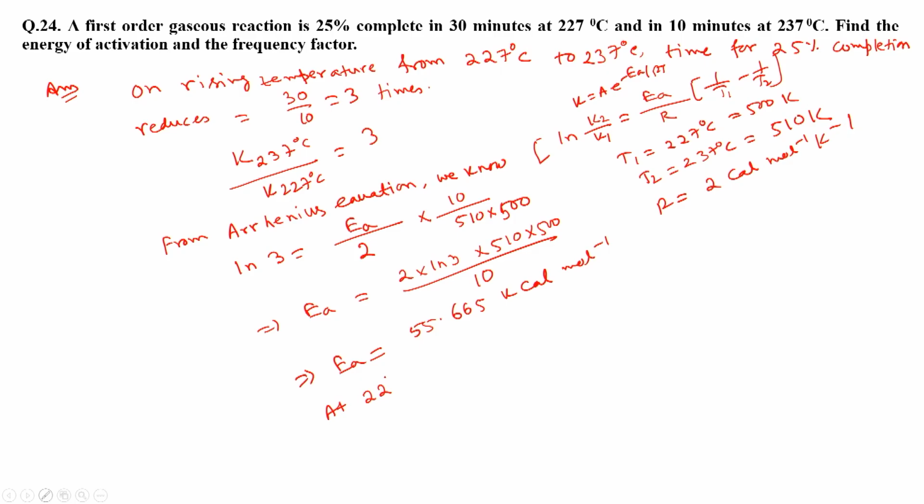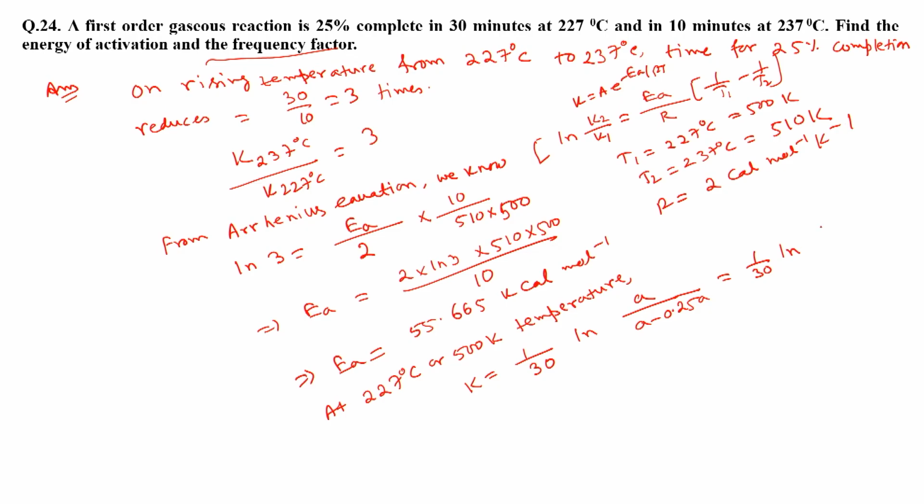Now, at 227 degrees Celsius, because we need to calculate the frequency factor. So, at 227 degrees Celsius or 500 K temperature, K is 1 by 30, because in 30 minutes, 1 by 30 times ln of 1 by 0.75, for 25% completion.